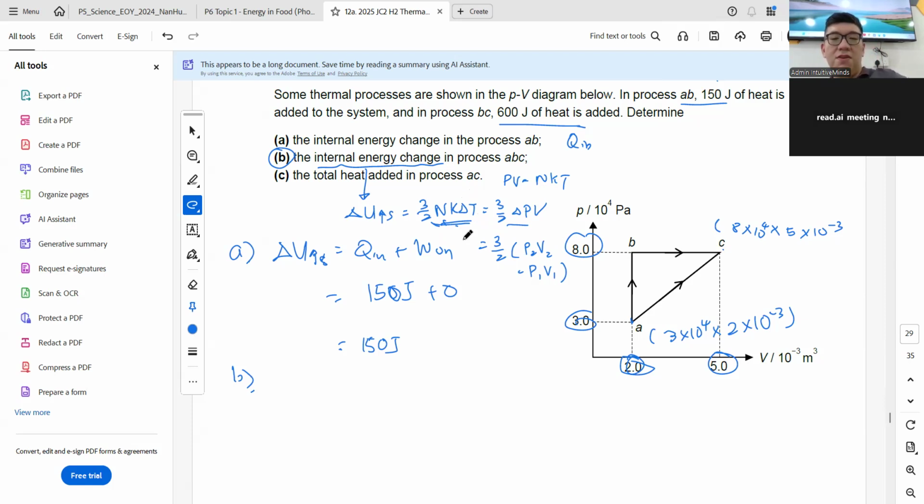And then if you convert, then P and V may change accordingly over here. So this answer will be final minus initial.